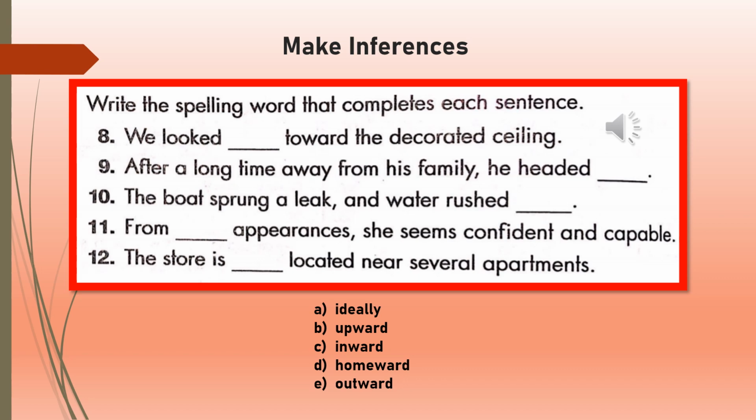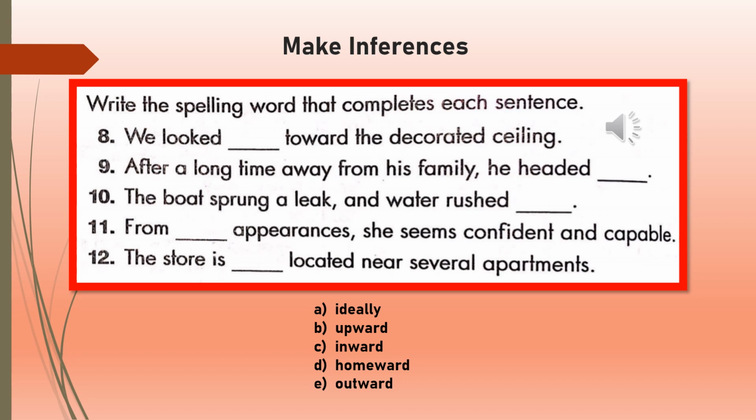So the answer is going to be letter A. On the empty line, you write letter A. And there you have your homework. If it's possible, you can print it. And the other option that you have is you can copy it in your notebook. I will accept both as homework.